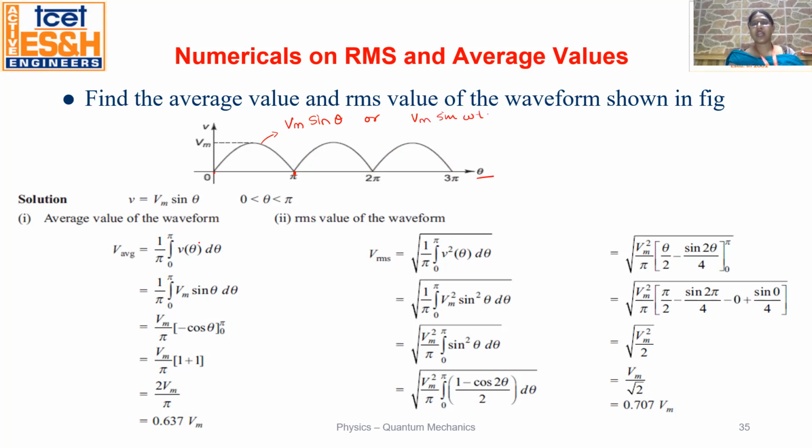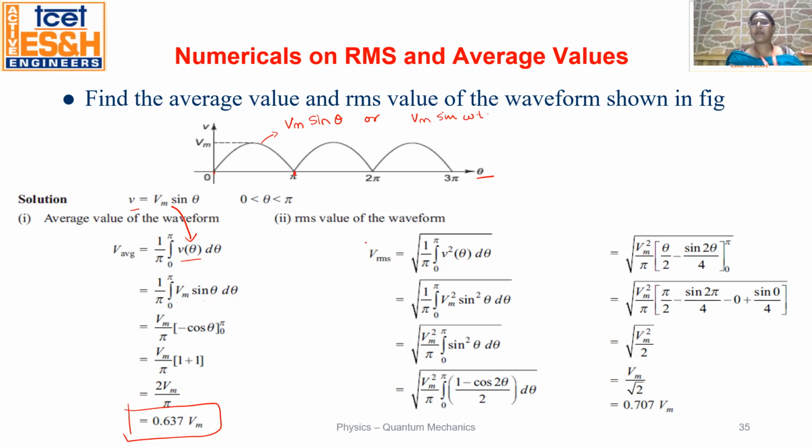Here we take theta, so 1 by pi, 0 to pi is the limit and v theta. In place of v theta, you can write Vm sine theta, integrate with d theta. After integrating, you will get 2 Vm by pi, which is the average value.